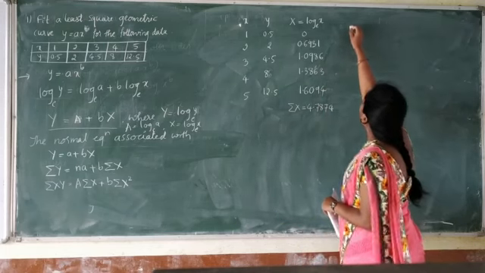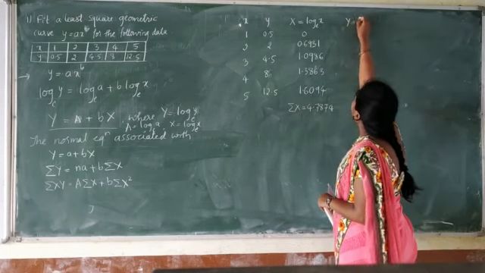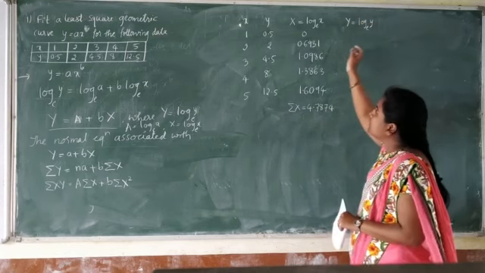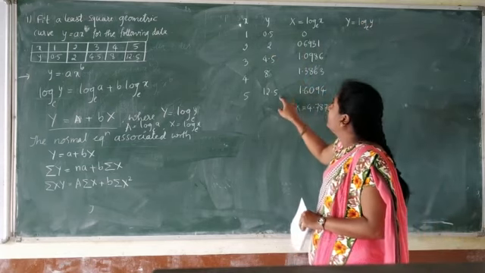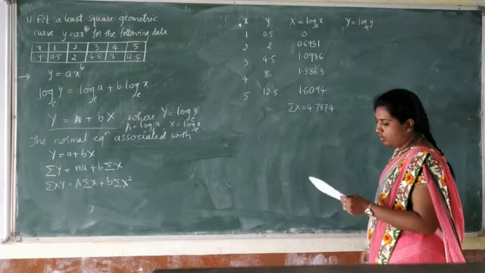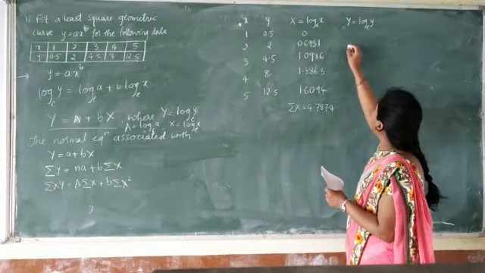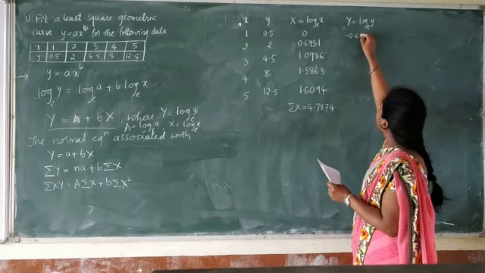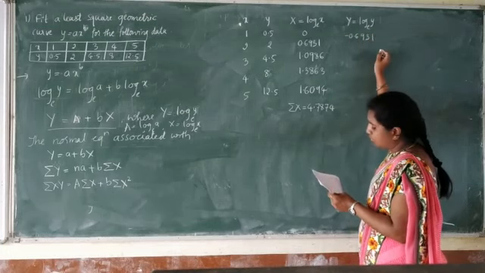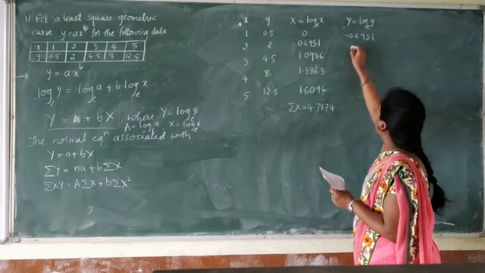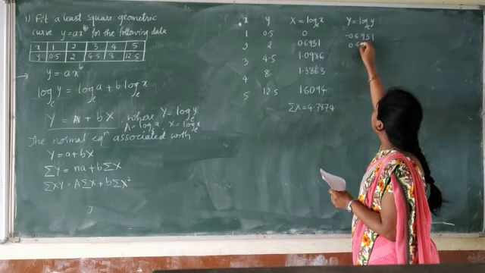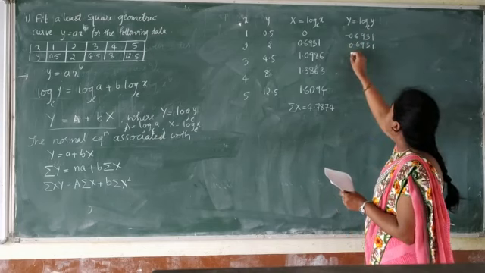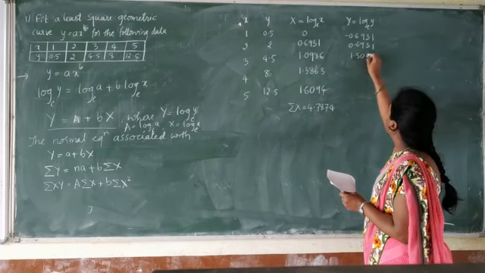Next we will find capital Y. Capital Y is nothing but log of small y to the base e. That means apply log to these terms. Log 5 value is 1.6094. Log 2 value is 0.6931. Log 4.5 is 1.5041.